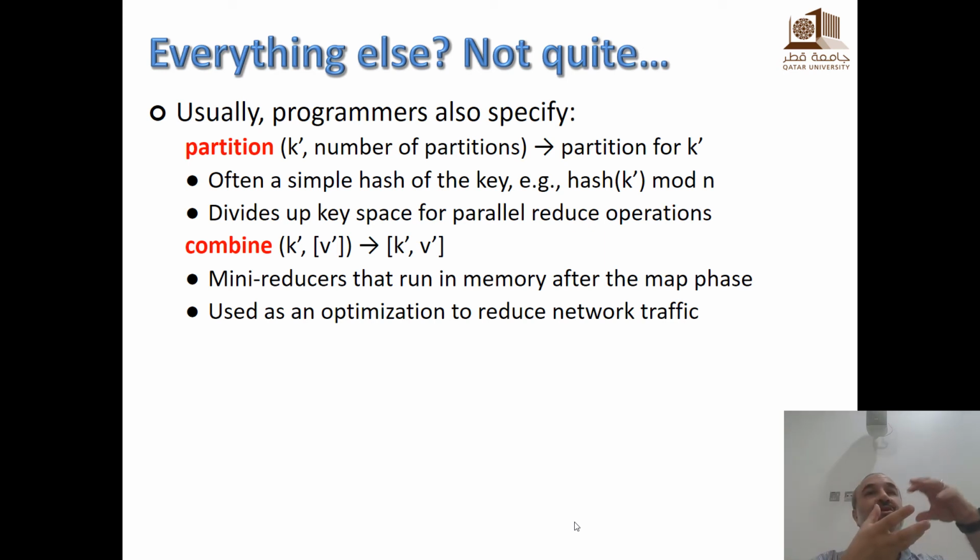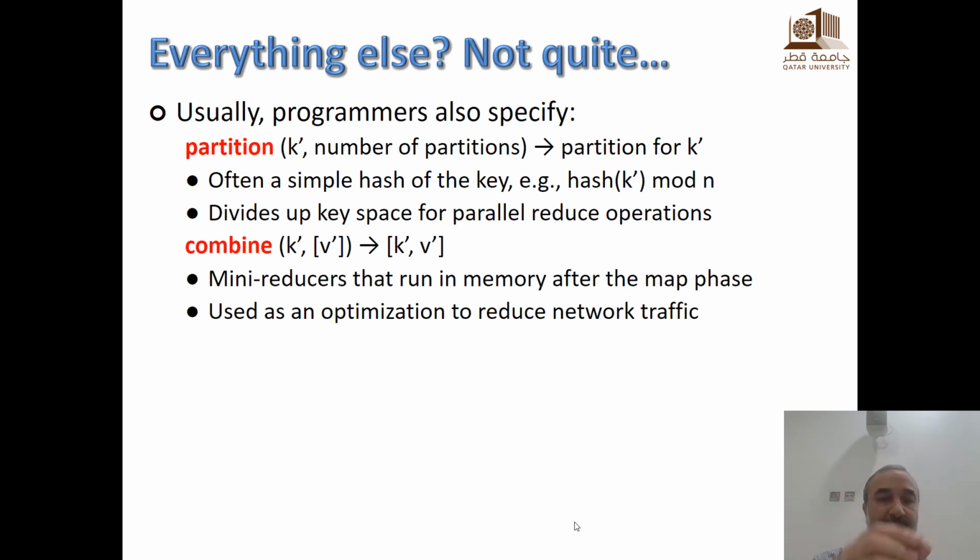It runs at the end of each map, at the map side. So it runs locally on the output of one mapper, and does something like the reduce, but it's a mini reducer. It does whatever aggregation it can do on the map side before moving the data across the network in the shuffling.